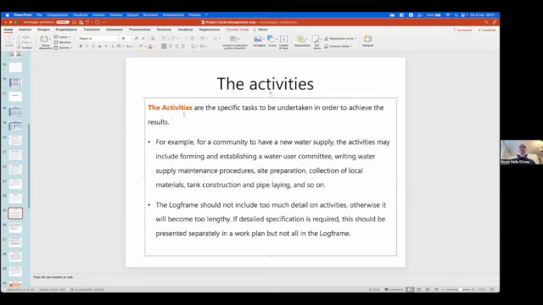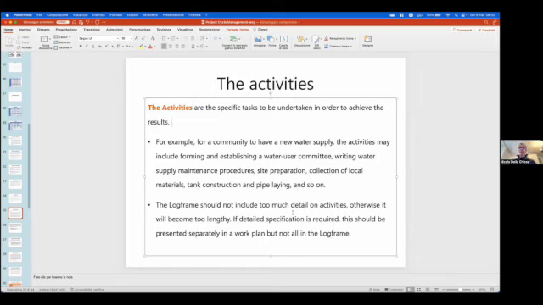An important point about the activities is that the log frame should not include too much detail on activities. The log frame, as we said, is a very powerful tool, but it has to be quite synthetic and concise to be effective. So if we put too much detail in the description of the activities, then we may lose its effectiveness.